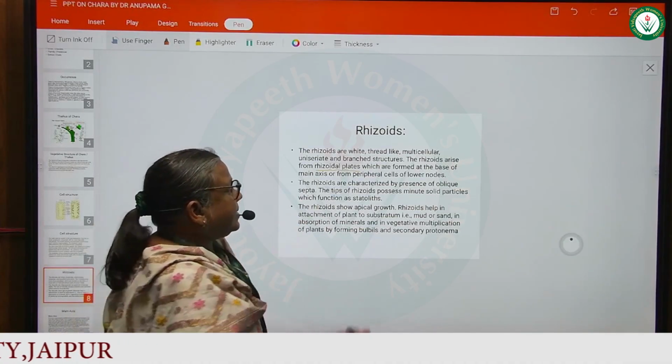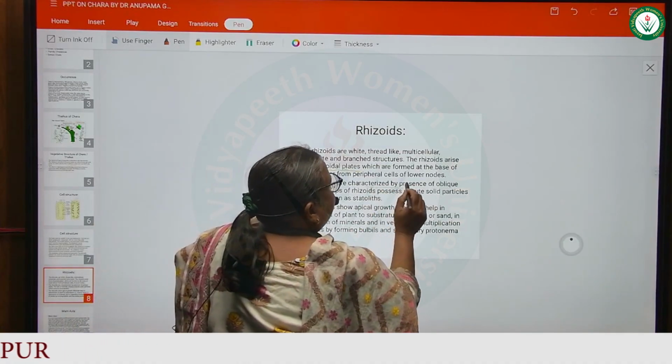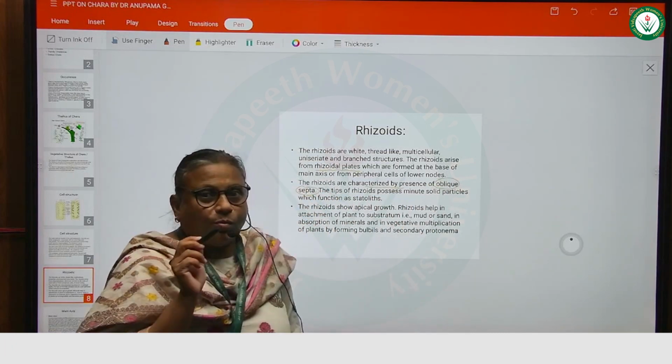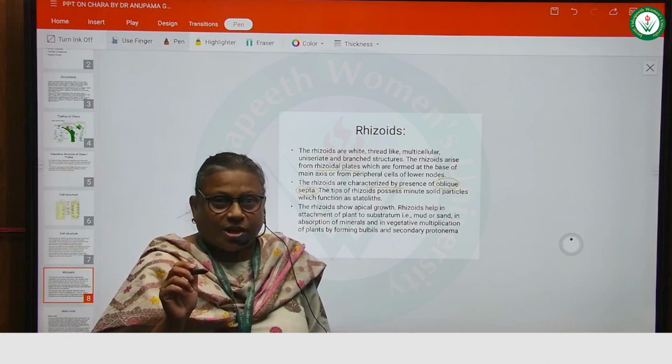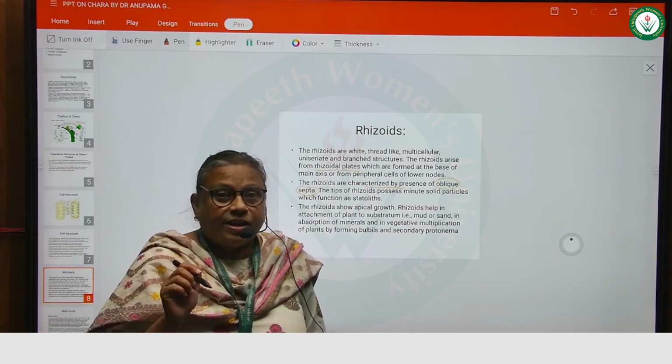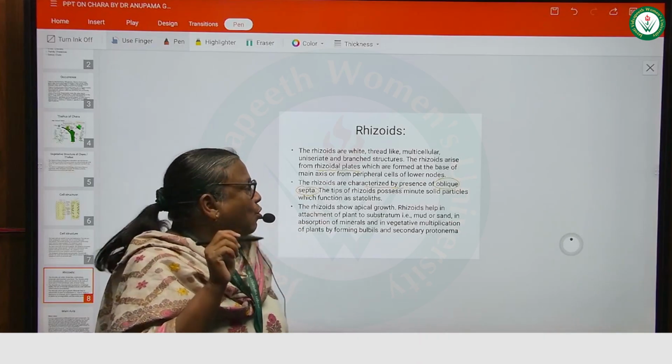The rhizoids are characterized by the presence of oblique septa. One of the most characteristic features of the rhizoids of Chara is the presence of oblique septa.